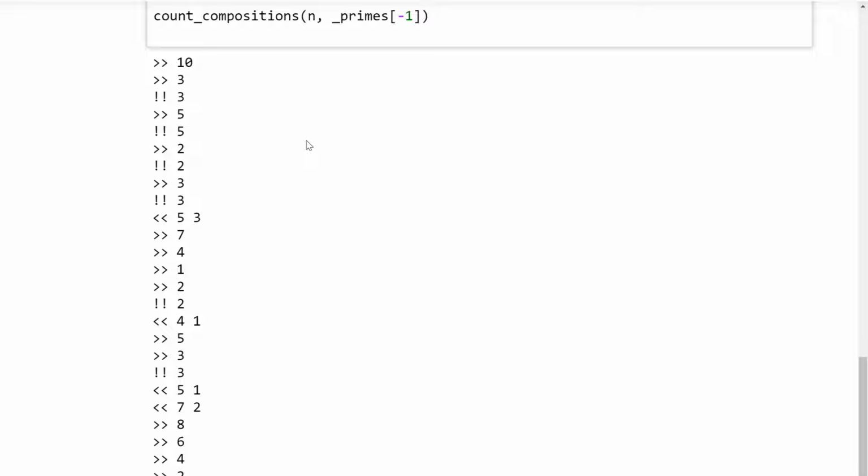So for the prime itself, we're counting once, and the next thing should be 3 and not 2.